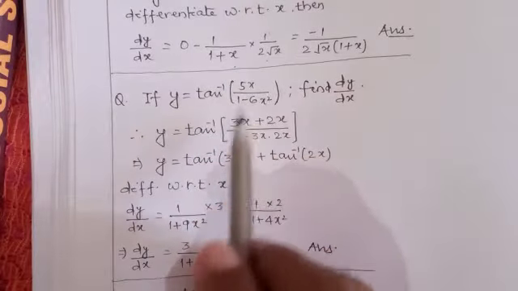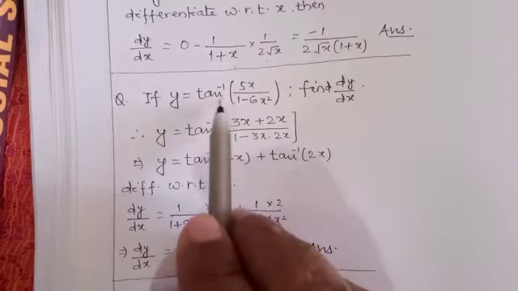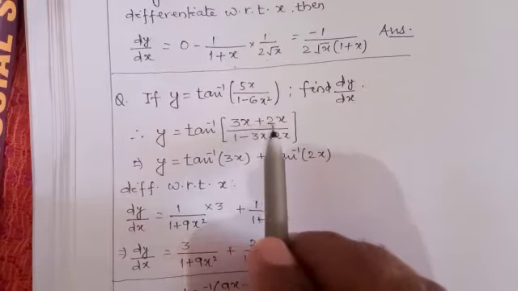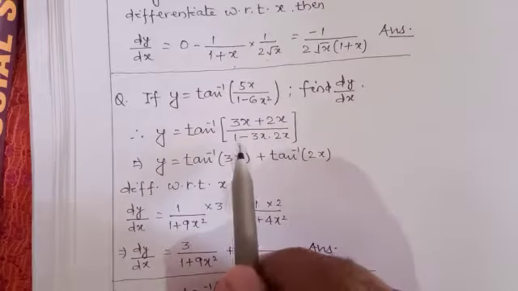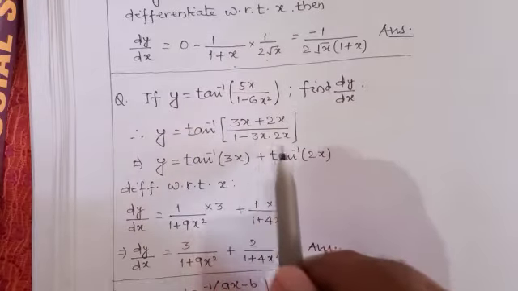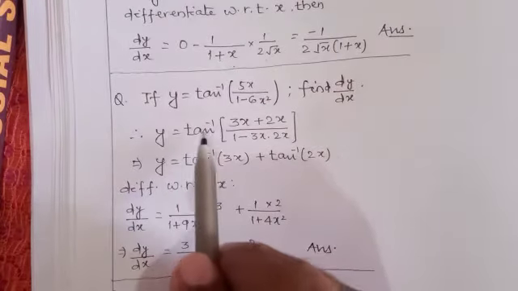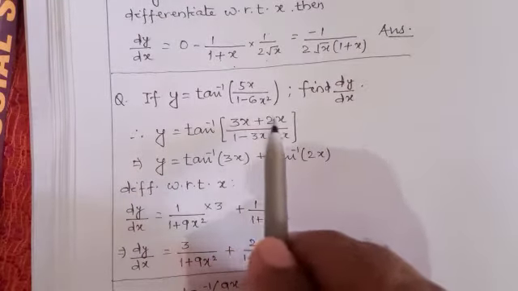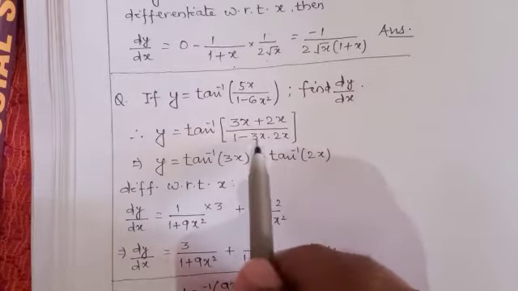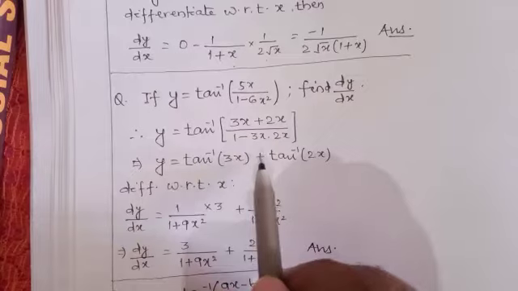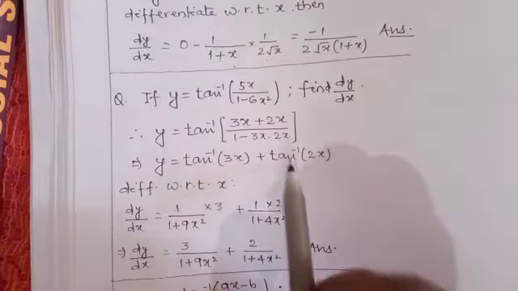So convert them. y is equal to tan inverse of 5x, which should be written as 3x plus 2x divided by 1 minus 3x into 2x, which is again tan inverse of a plus b by 1 minus a into b, meaning tan inverse a plus tan inverse b.